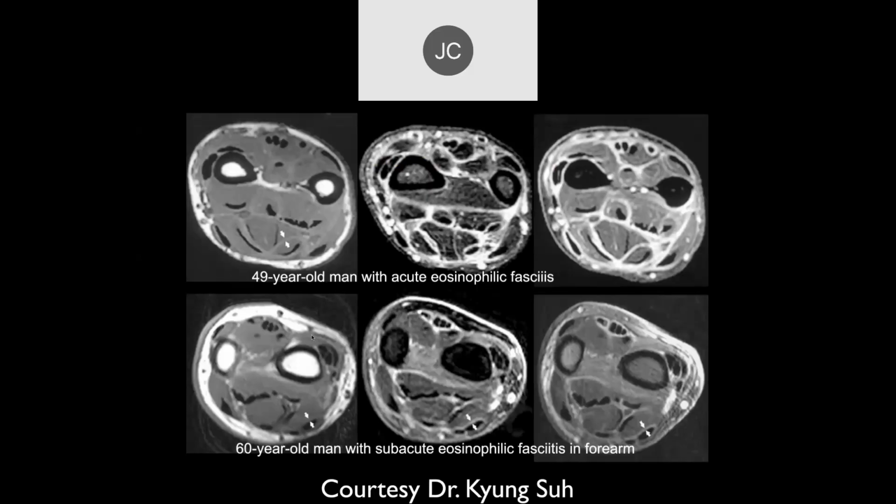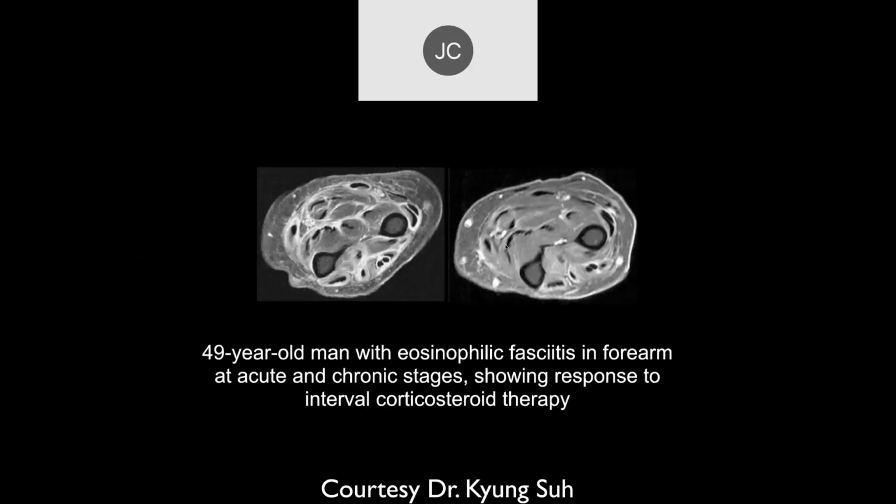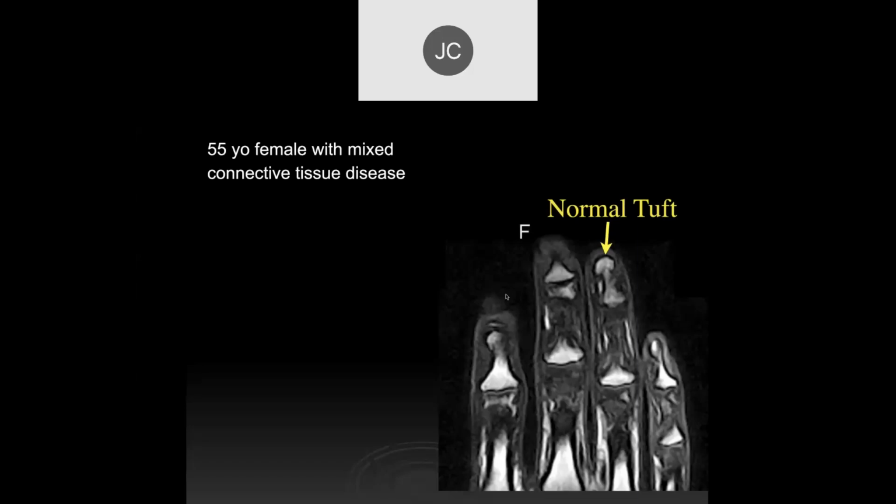And this is just other examples of eosinophilic fasciitis, showing thickening of the fascia between the muscles. And typically treated with corticosteroids, though now there may be more specific drugs becoming available besides just steroids.